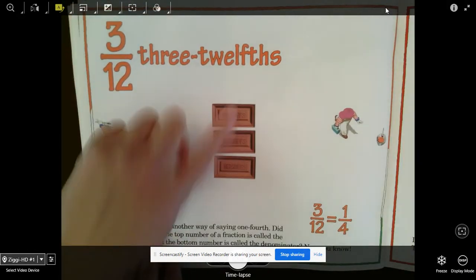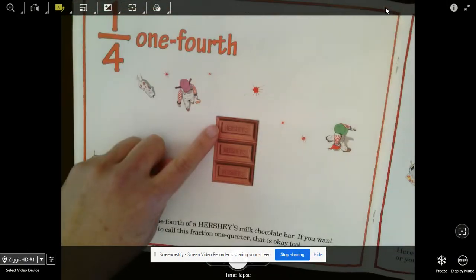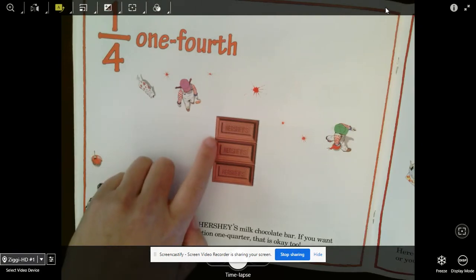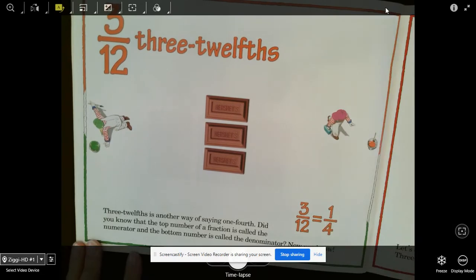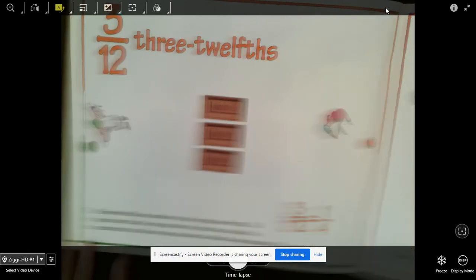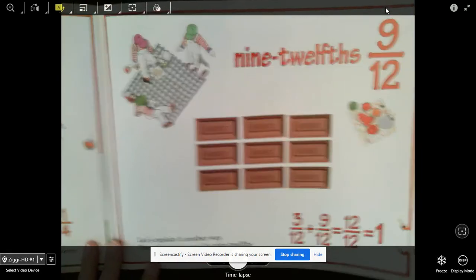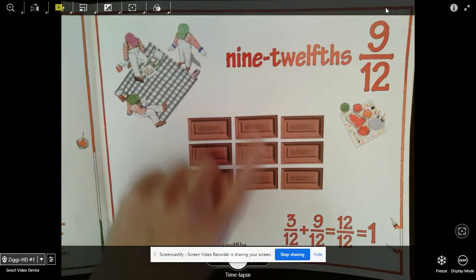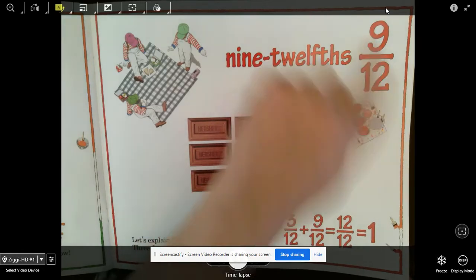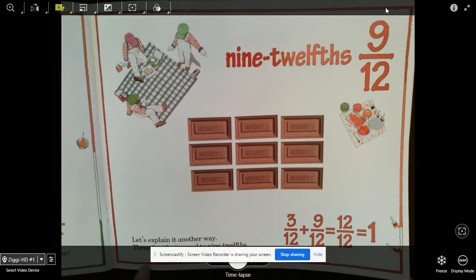So what 3/4 is also. Remember, 3/4 is the same as 9/12, except they split it right here, and now that's 3/12. Okay, the rest of the chocolate bar is 9/12. So we split those all apart. 1, 2, 3, 4, 5, 6, 7, 8, 9. 9/12. Let's explain it another way. 3/4 is equal to 9/12.